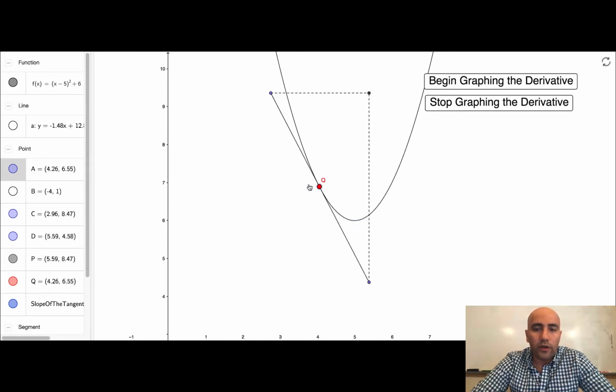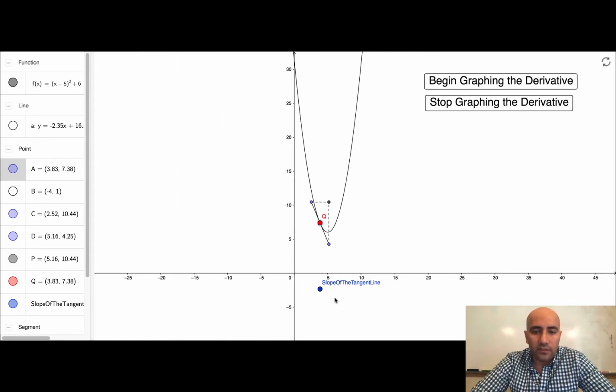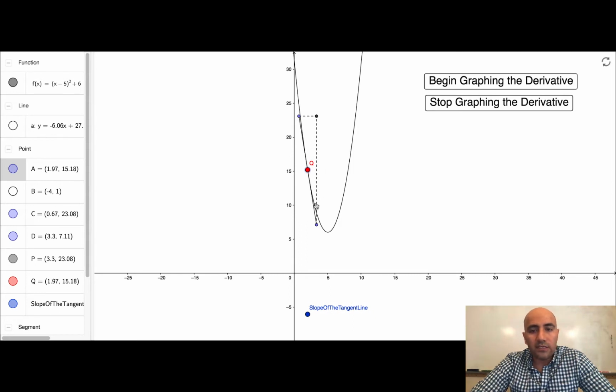Well, you might have noticed that there's this little dot here. This little dot is automatically giving you what that slope is and graphing it for us. So, for example, over here, this is a large negative, well, large is relatively speaking, but this is a negative slope, and this dot right here represents that value.